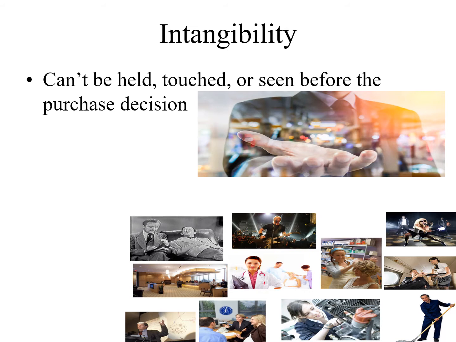You need to make a purchase. You need to go and sit there on the chair and get the haircut done, and only then will you know the quality of the service that you have received. So that is one of the elements of services, that's intangibility. The consumers want to know about the quality of the service before they make the purchase decision.